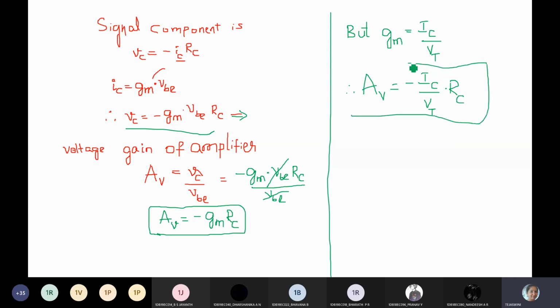This is the expression for voltage gain.